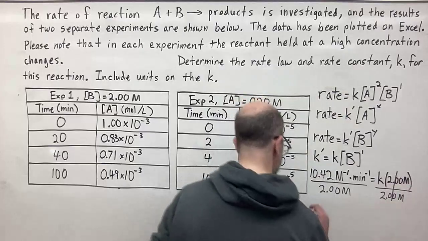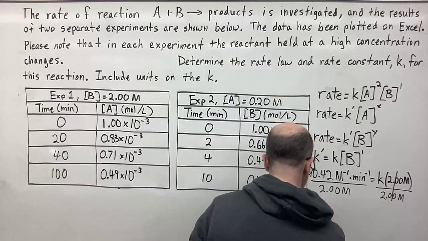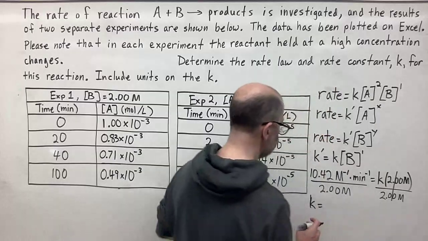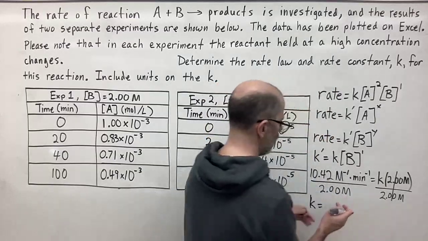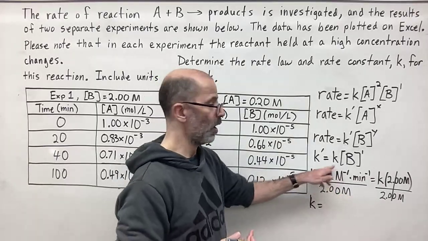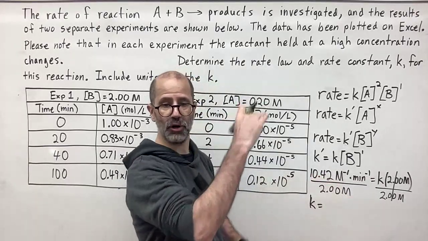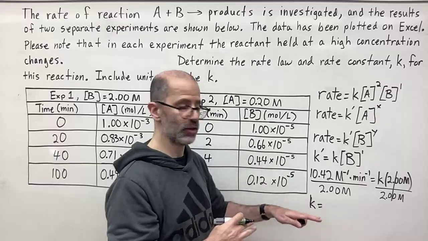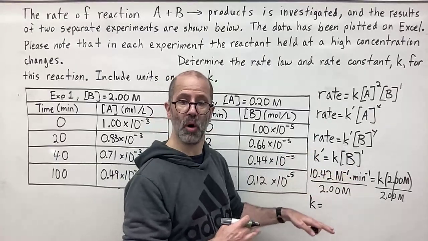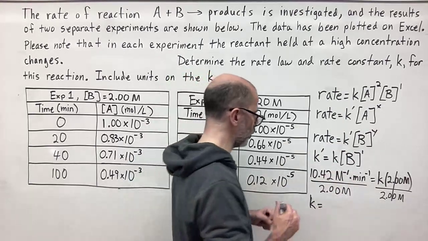So now I have K, the actual rate law constant, is equal to this times this. And again, notice I'm dividing by molarity again. So this is also molar to the negative power, which means you're dividing by that as well. Molar to the negative power is also 1 over molar, so I'm dividing by molarity twice.